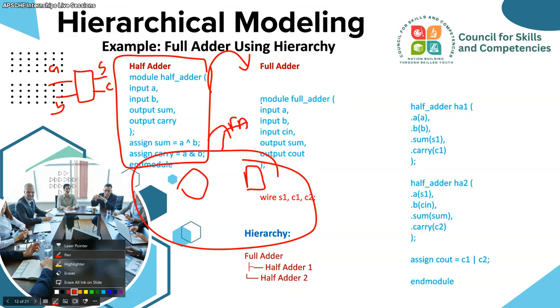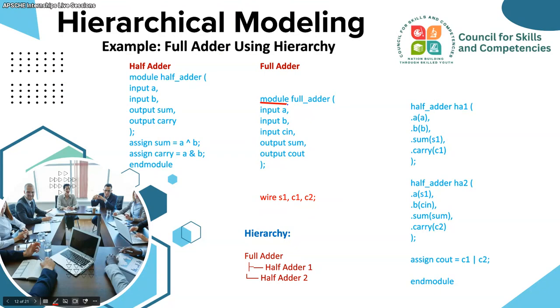So how can I do it? I am creating one more module. Please try to understand, this is very important. I am going to create one more module, the full adder. It has three inputs, A, B, and carry in, and the outputs are sum and carry out. We try to create this by using two half adders. How are we going to create it?